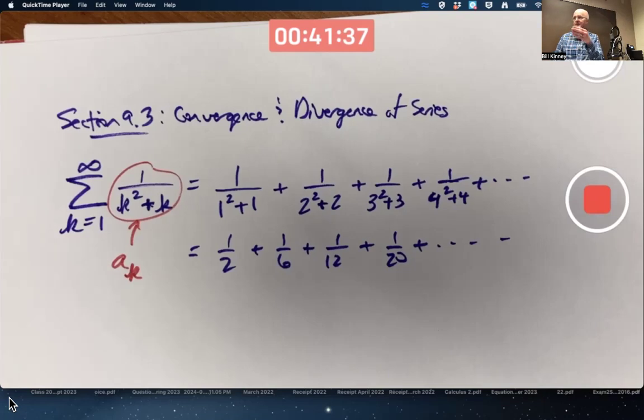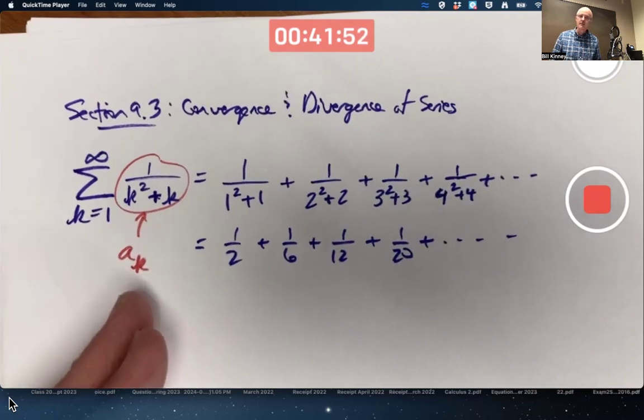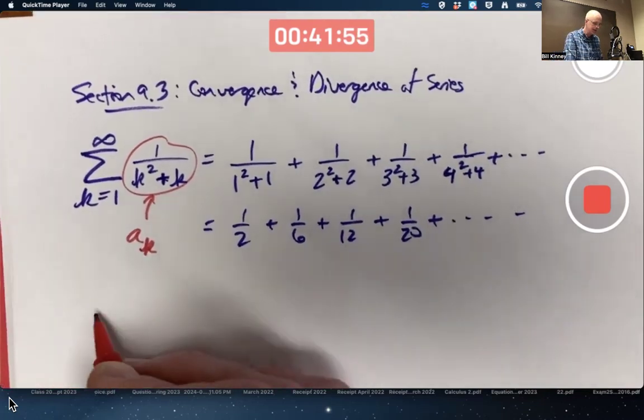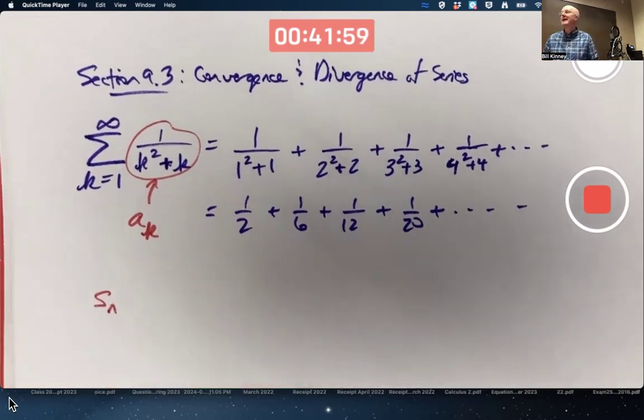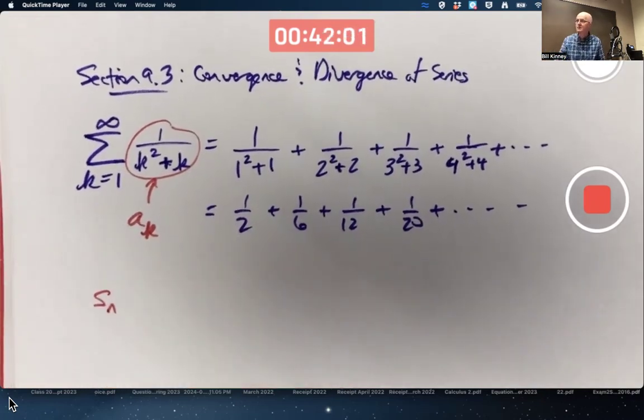The A's themselves form a sequence, but I'm adding the A's to get a series. Sequences in section 9.1 is important for series. You can't understand series if you don't understand sequences. The A's themselves form a sequence, but we also have a sequence labeled S sub n that is called the sequence of partial sums.